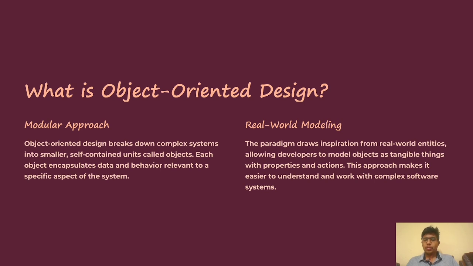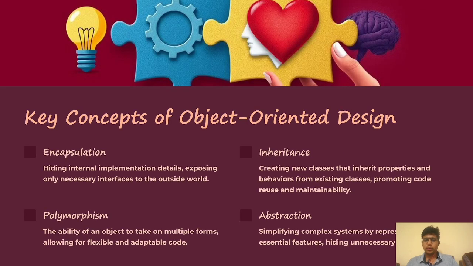Real-world modeling: the paradigm draws inspiration from real-world entities, allowing developers to model objects as tangible things with properties and actions. This approach makes it easier to understand and work with complex software systems.